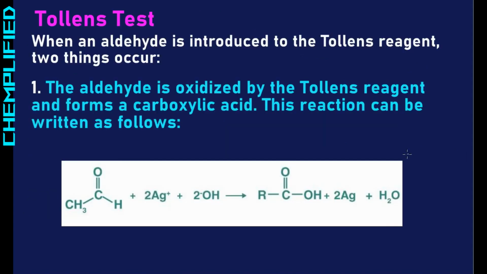Now when an aldehyde is introduced to the Tollen's reagent, what happens? Two things occur. First, the aldehyde is oxidized by the Tollen's reagent to form carboxylic acid. In the first step, this is your aldehyde. It reacts with 2Ag plus. From where are we getting this 2Ag plus?